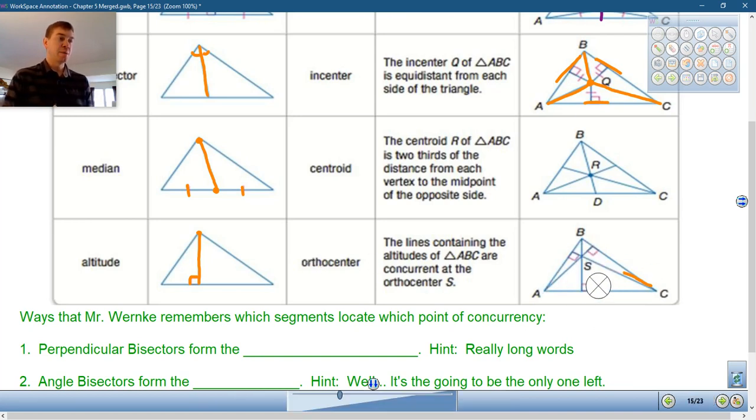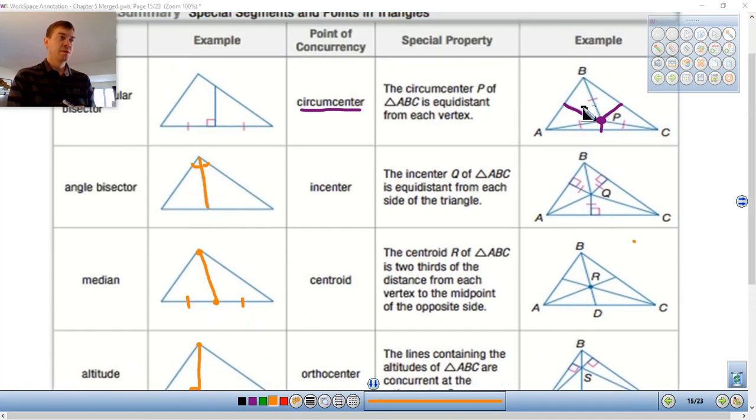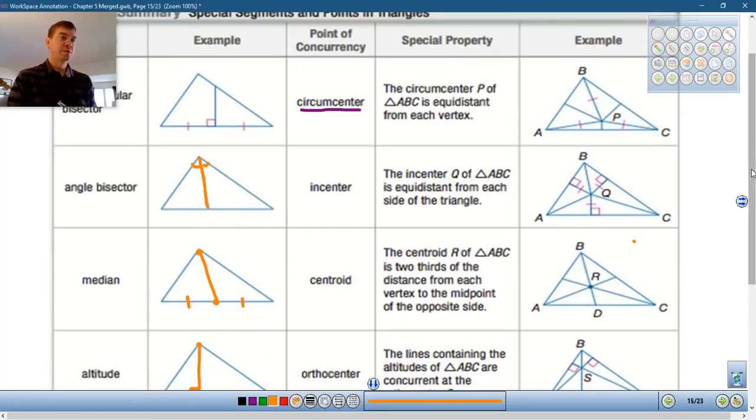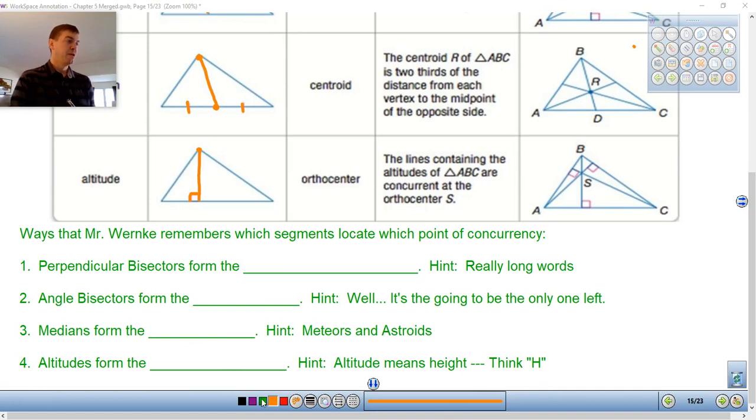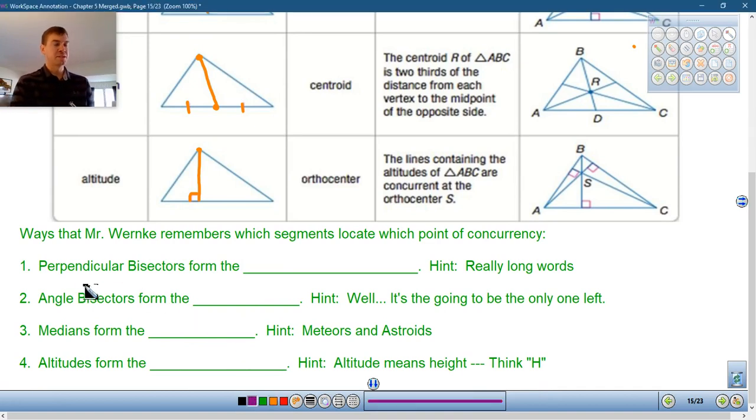And now I'm going to do my best to help you find a way to remember how we can keep these straight. First thing is that perpendicular bisectors. That's just a really long phrase, and really long words will lead me to the circumcenter.